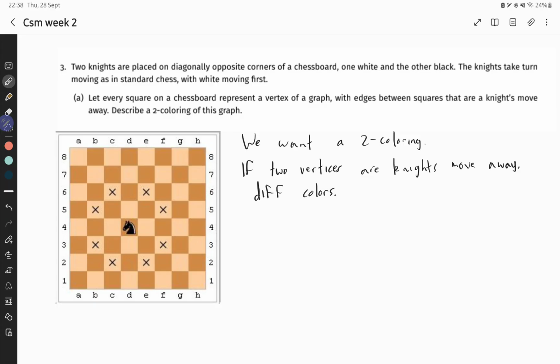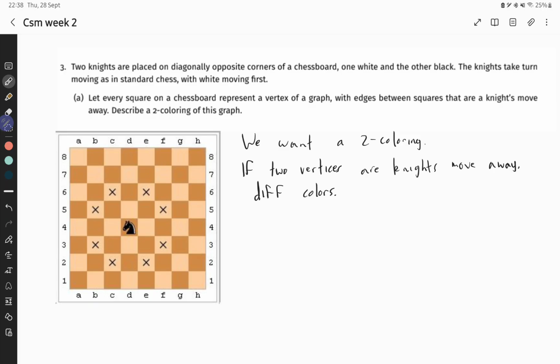And so if you look at a diagram for a moment, you'll notice something interesting, which is that the knight here starts on a black square, and all of its options for places to move are white squares. And if you imagine the knight starting on a white square, for example, if it moves here, you can see that all of its options for places to go are black squares.